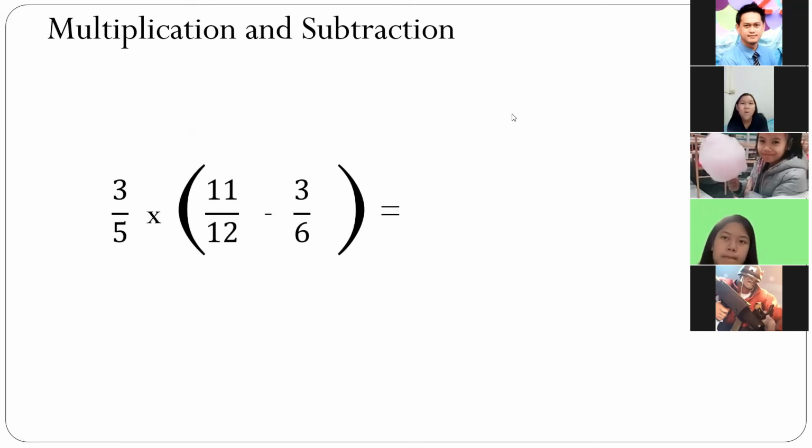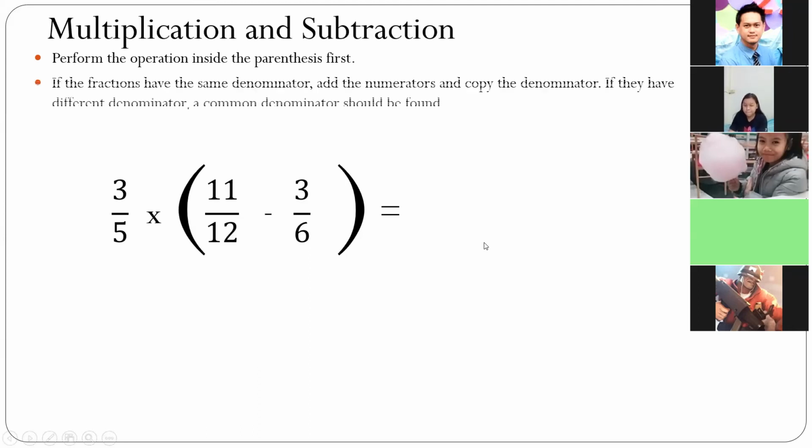Now let's move on to multiplication and subtraction. So 3 over 5 times, open and close parentheses, 11 over 12 minus 3 over 6. Okay. So perform the operation inside the parentheses first.